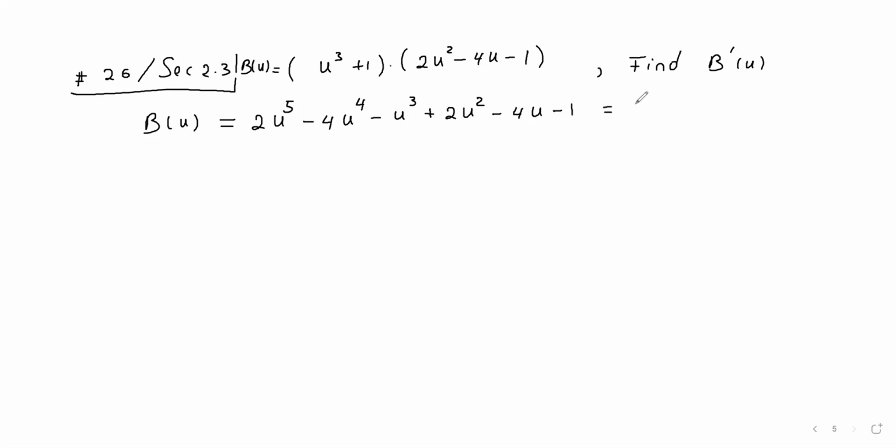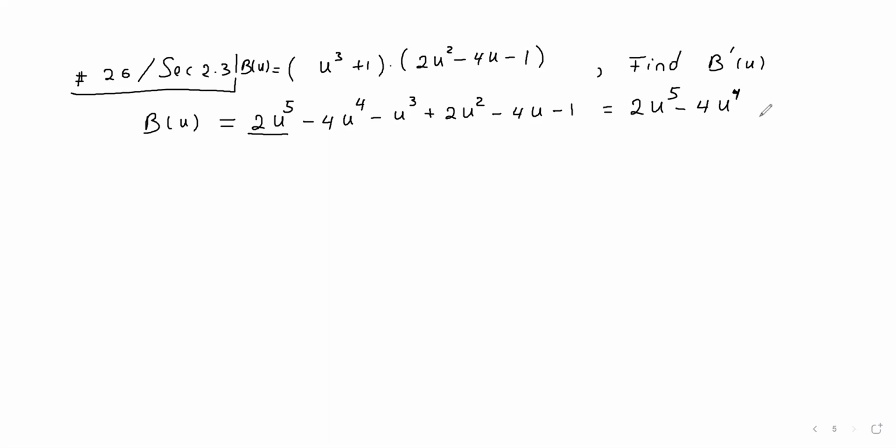We collect the like powers. So there's 2u to the fifth over here. Then there's minus 4u to the 4. Sorry about that, I don't know why it leaves some mark here on the screen.